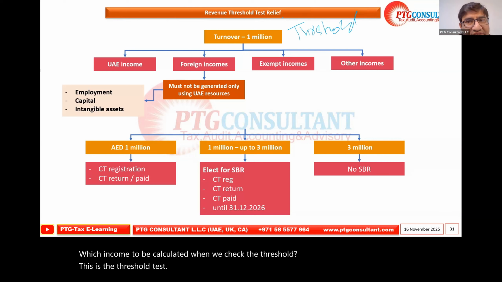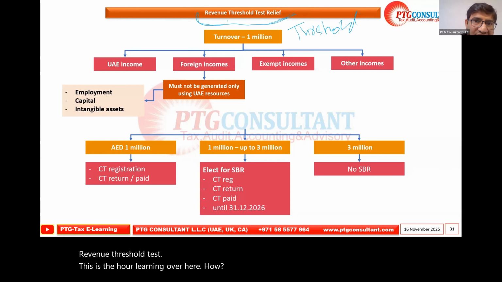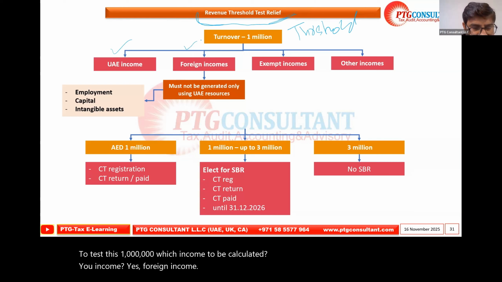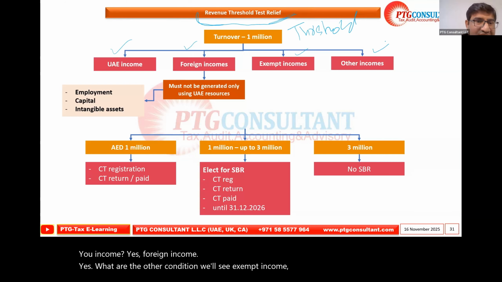Revenue threshold test. This is our learning over here. How? To test this 1 million, which income is to be calculated? UAE income? Yes. Foreign income? Yes. What are the other conditions? We'll see. Exempt income, dividend income, any other income.